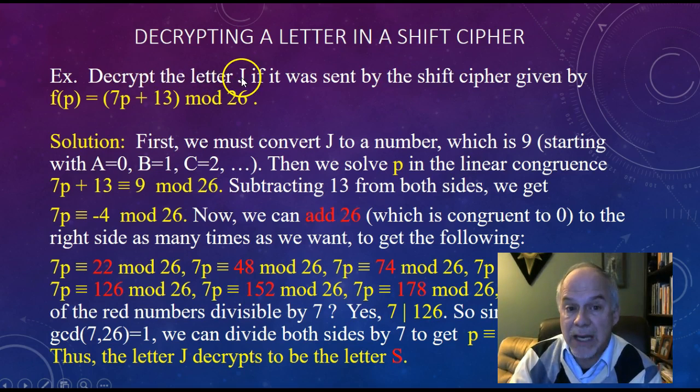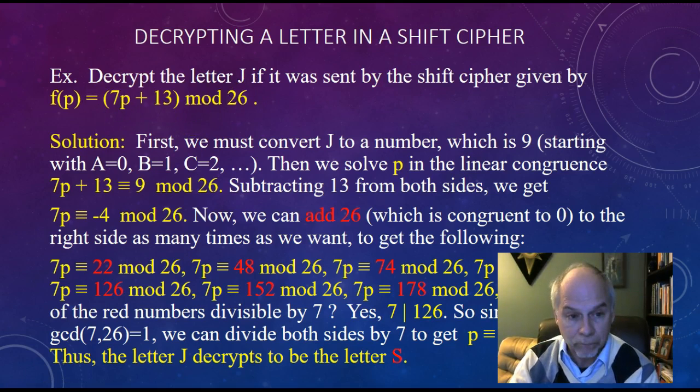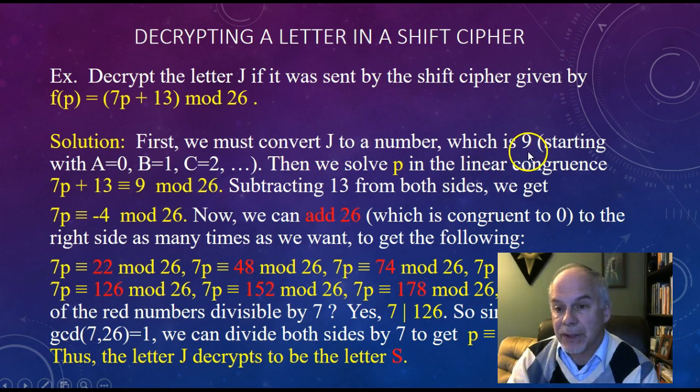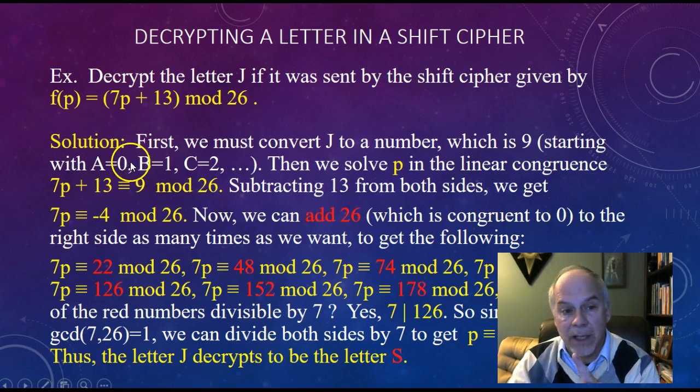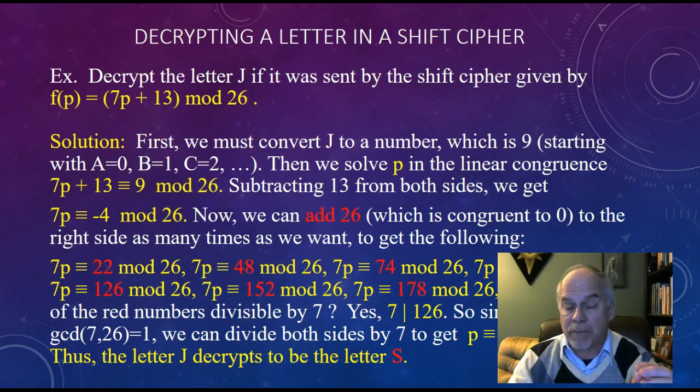Decrypt the letter J if it was sent by the shift cipher given by this same function that we talked about a minute ago. Now first we must convert J to a number, which is 9. Okay, you start with A as 0. All right. In mod 26, you can only have remainders from 0 to 25. So we have to start the letter A off with 0. All right. Anyway, then the letter J has number 9.